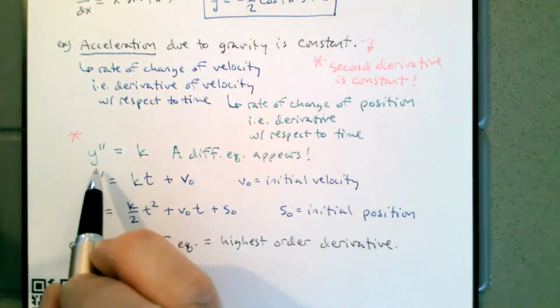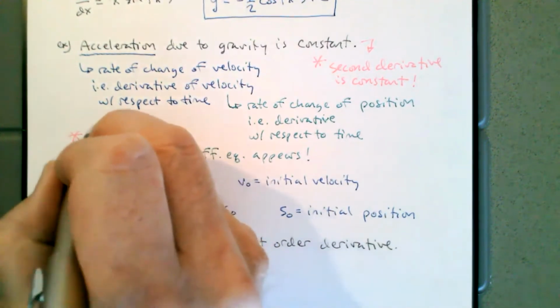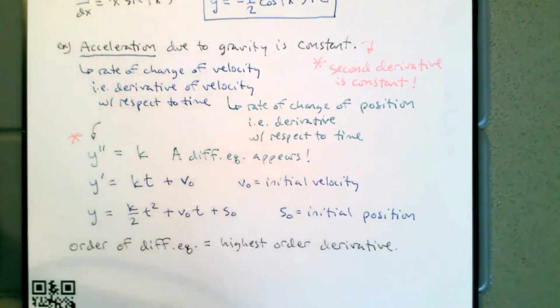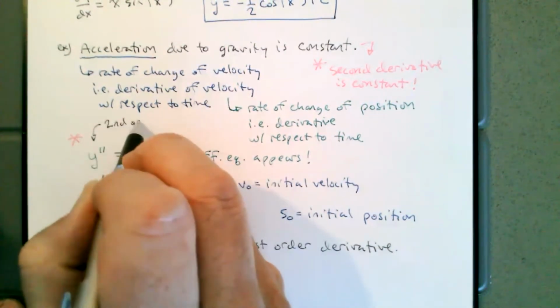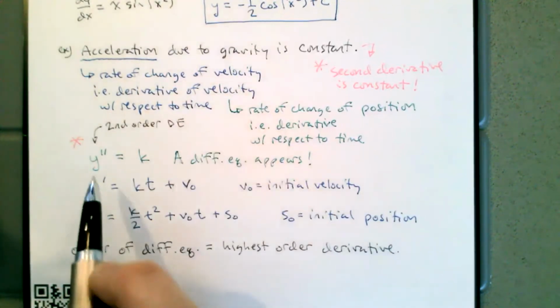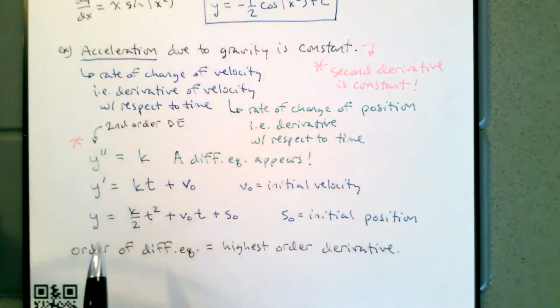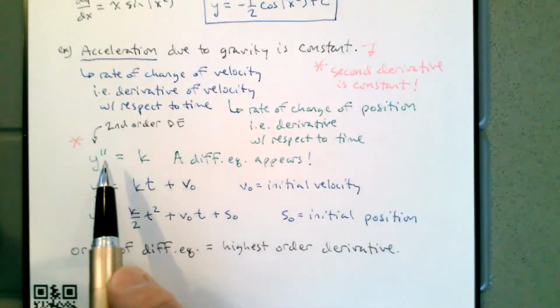So our acceleration example is a second order differential equation. There's a lot more classifications to this, but we'll just start with that one. Second order differential equation. It's also an ordinary differential equation because it involves ordinary derivatives because y is a function of one variable. It's also a linear differential equation because y double prime is to the first power.